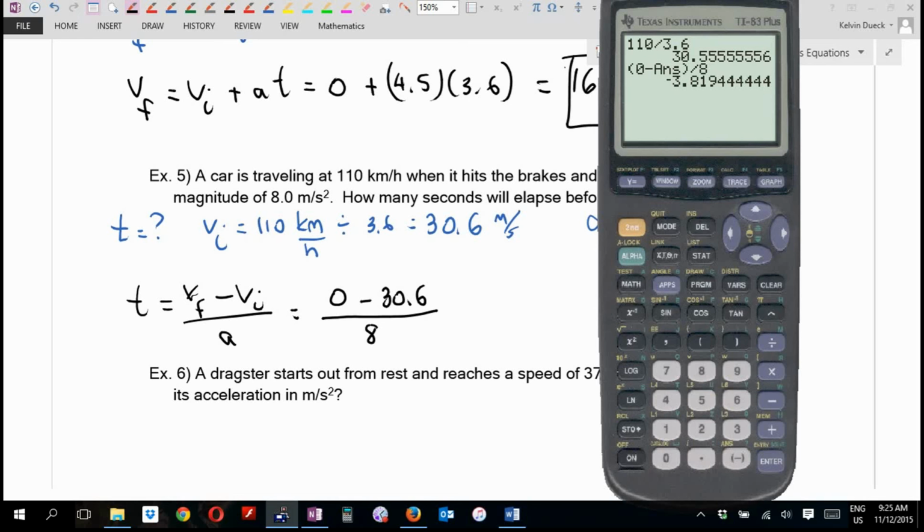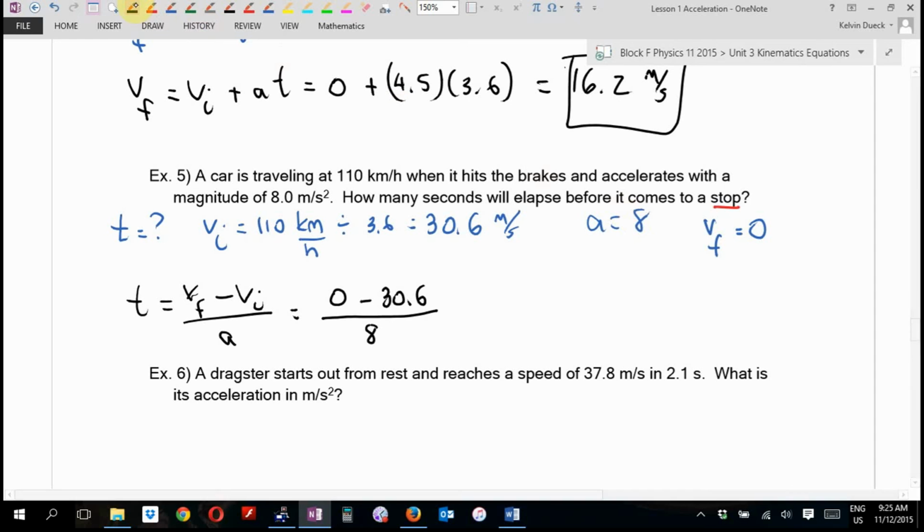Something's wrong. Can't have a negative time. So go back, put a negative right there, because we are slowing down. If you want to, for your notes, draw a little arrow saying slowing down, so that when you're studying later, you know what we did.